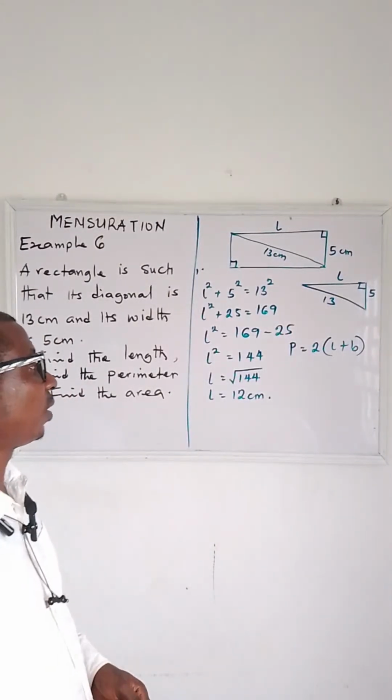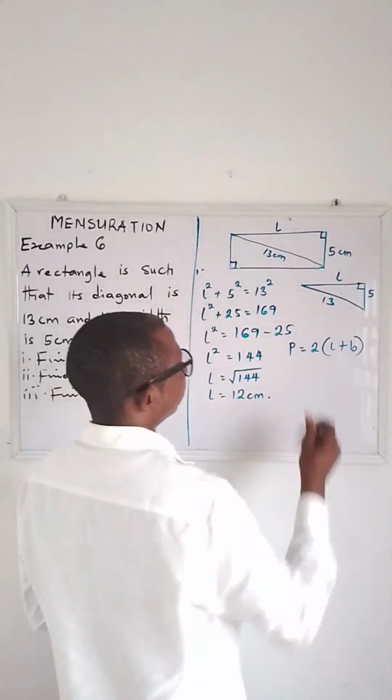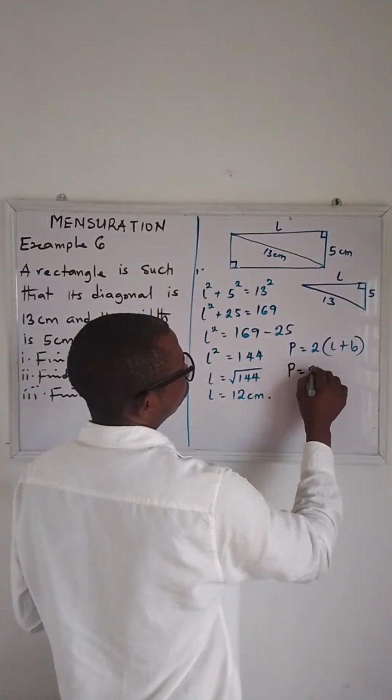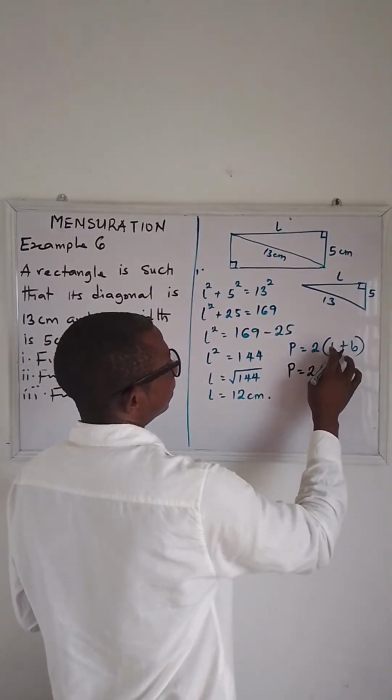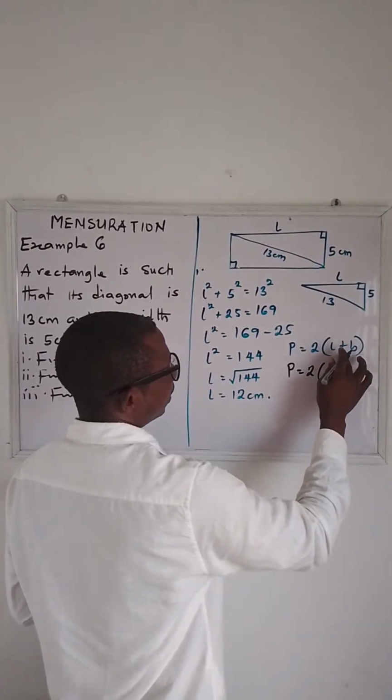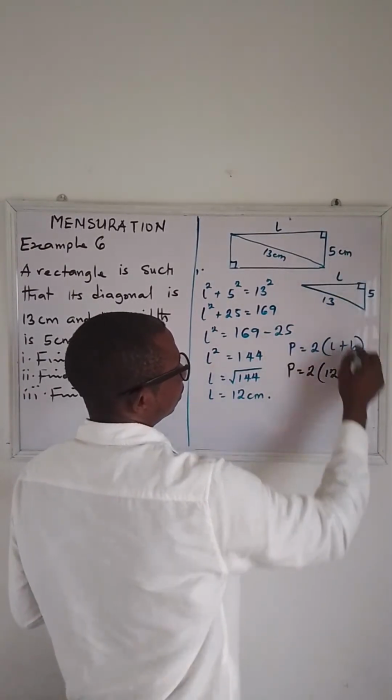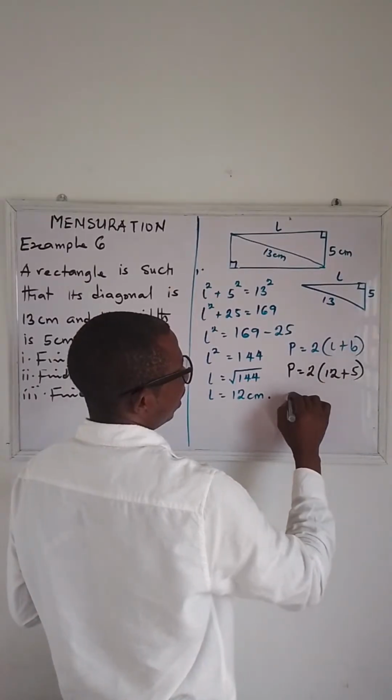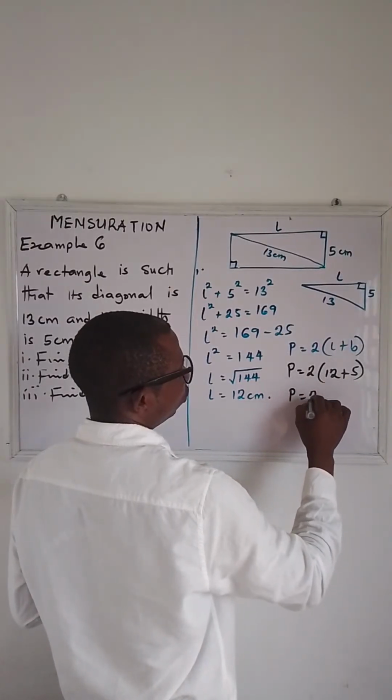Okay, now let's plug in the values. So we have perimeter equals to 2. Now length has been gotten now to be 12 plus breadth is what? 5.